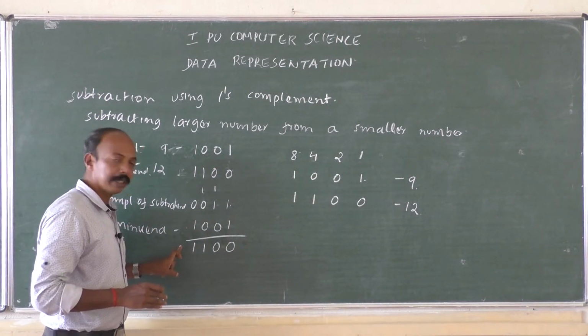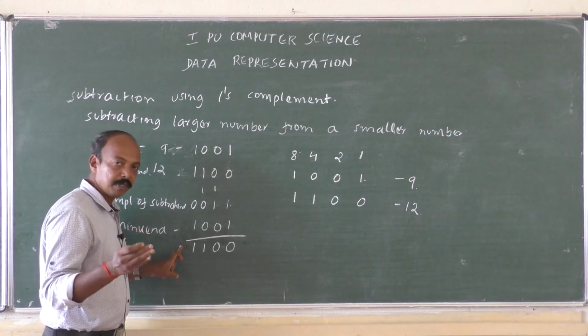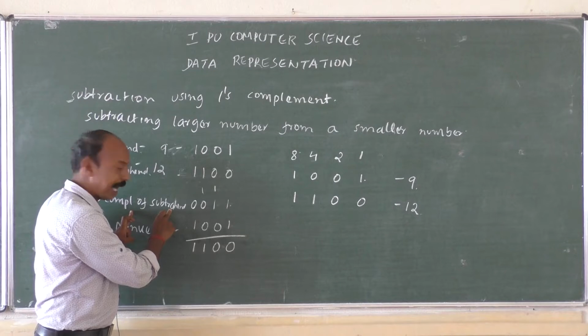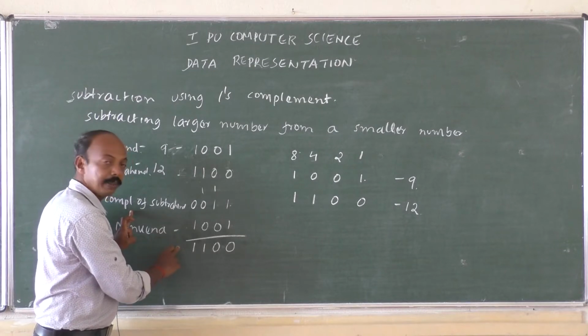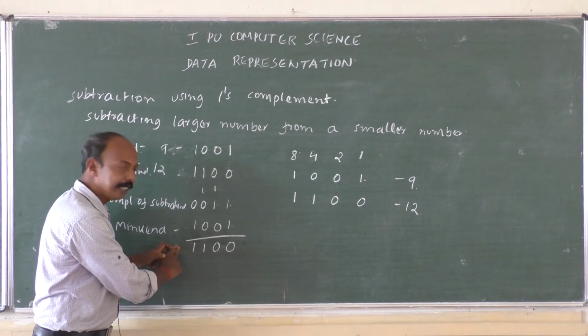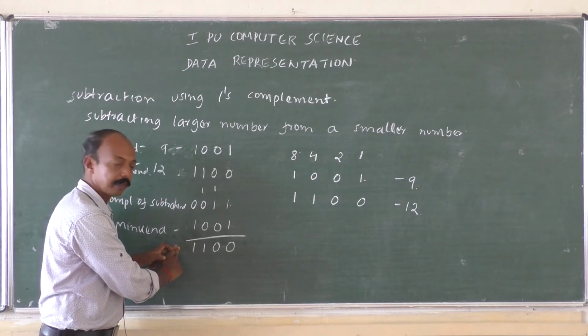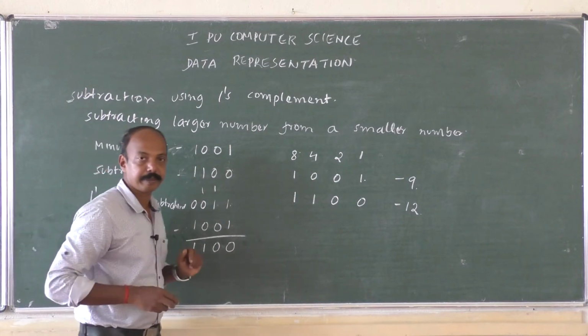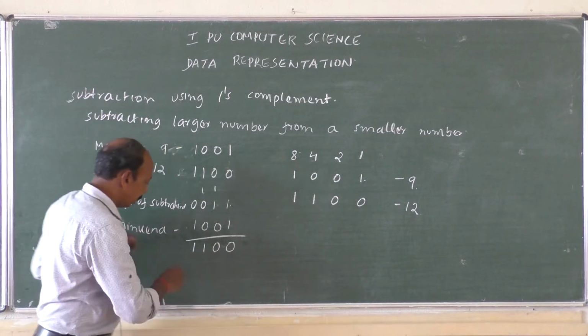Always make sure that subtracting a larger number from a smaller number, after taking 1's complement of the subtrahend and adding it to the minuend, doesn't give us a carry here. If we get a carry, that means we have gone wrong. Okay. Now what we have to do? There is no end around carry here, right?